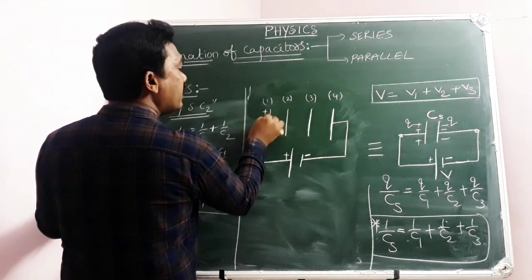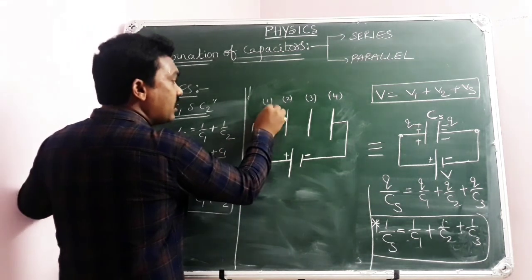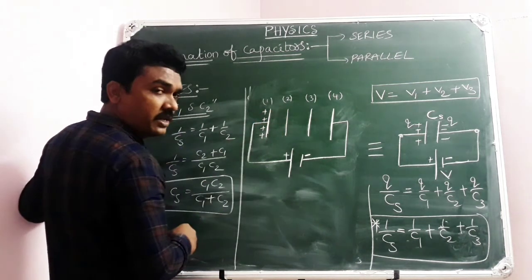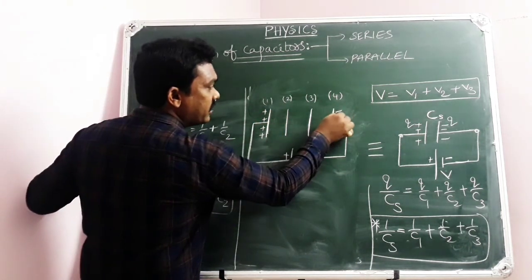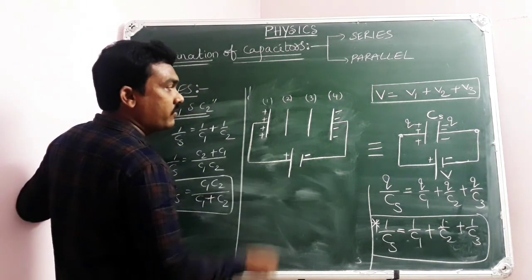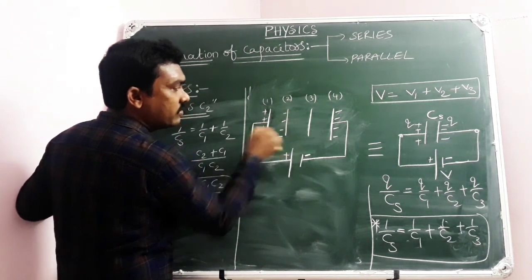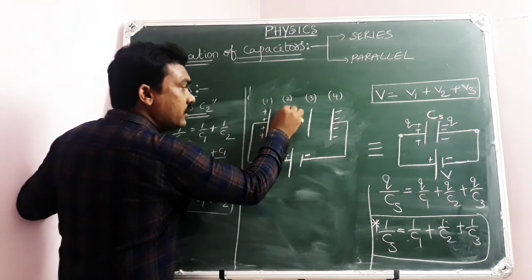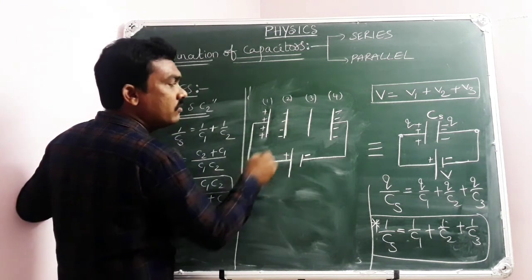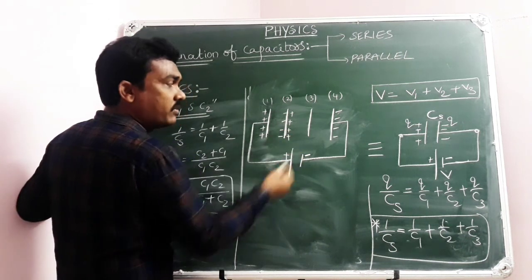Then what will happen? Here positive charge will be developed. As this is given to the negative terminal, negative charge will be developed here. Apart from that, this positive charge will induce negative charge on this side, and then this negative charge will induce positive charge on the other side of the plate.